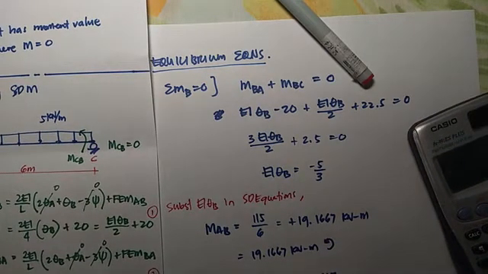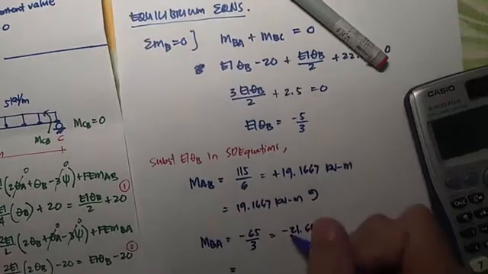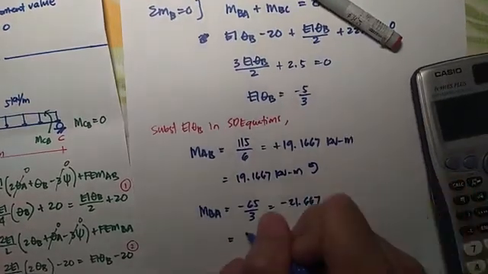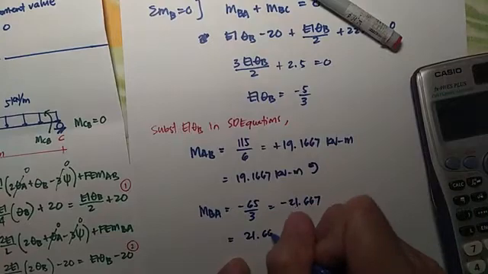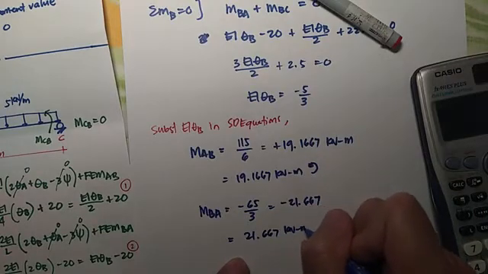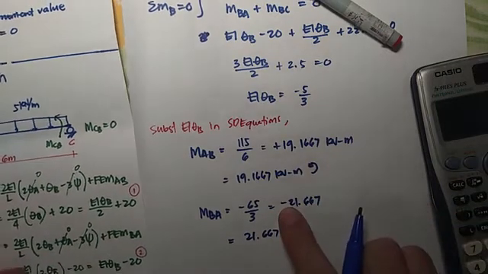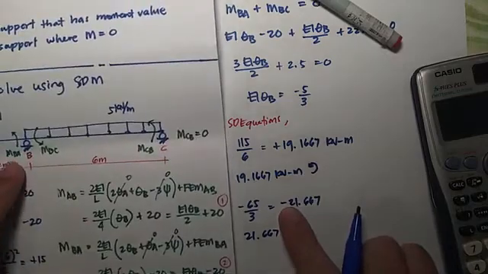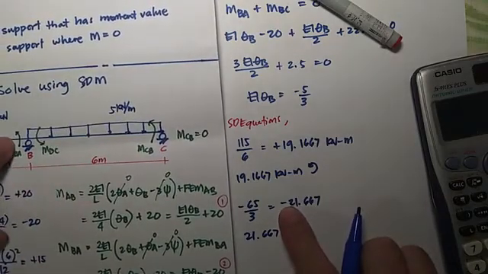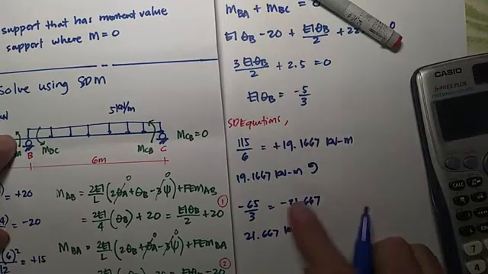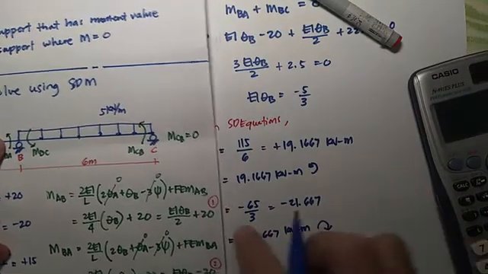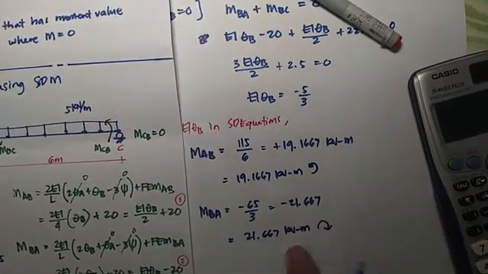Or we could write this as, tanggalin ko yung negative sign, 21.667 kilonewton meter. And the direction is negative, ibig sabihin, opposite ng inassign kong direction. It is counterclockwise, it should be clockwise kasi nag-negative.